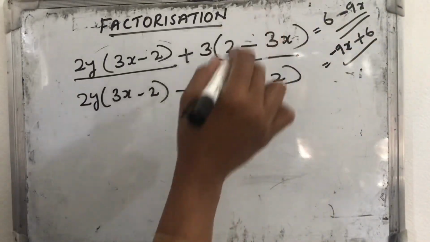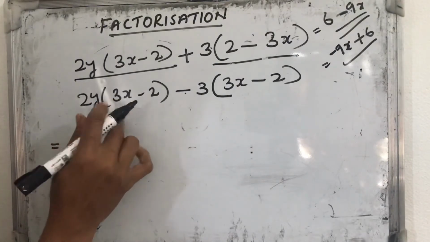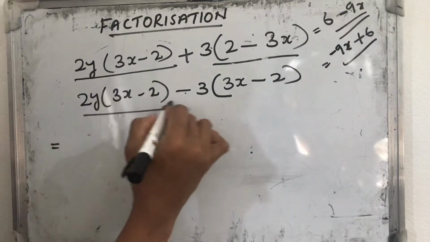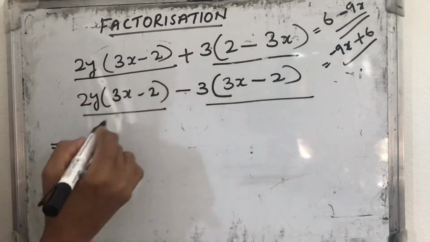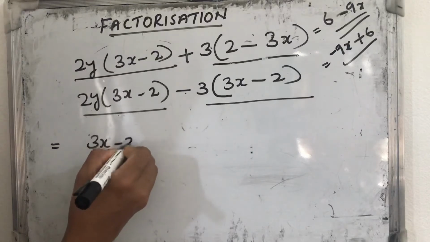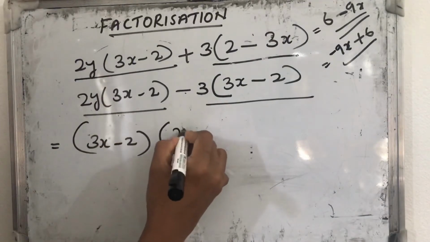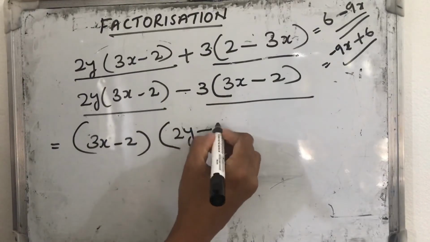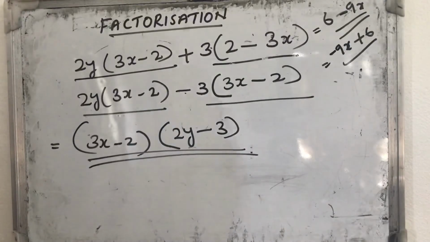Now we can find 3x minus 2 is common in both. So 3x minus 2 into, what is remaining in the first term? 2y, and minus 3 remains in the second term. So this is the factorization of that expression.